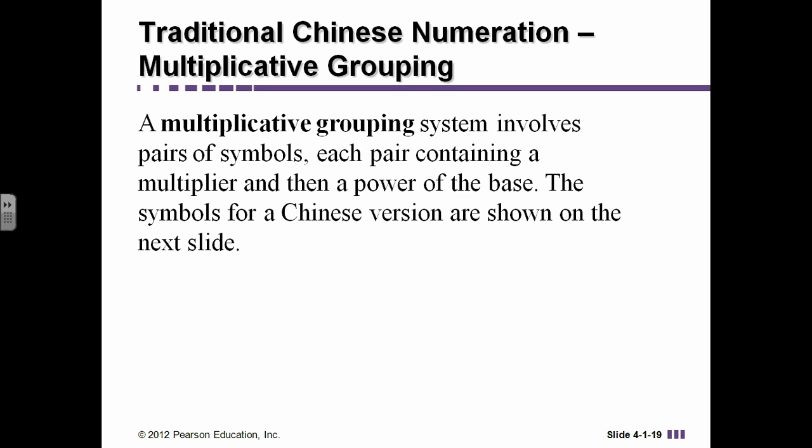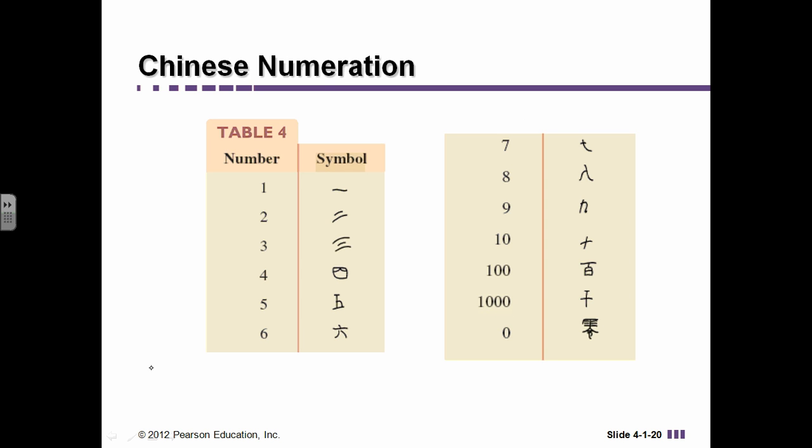All right, so another system we have is the Chinese number system. The Chinese number system is a multiplicative grouping system that always uses pairs of symbols. So what you're looking for are pairs of symbols to group together, and one of them tells you what you're multiplying by, and one of them tells you what the number is.